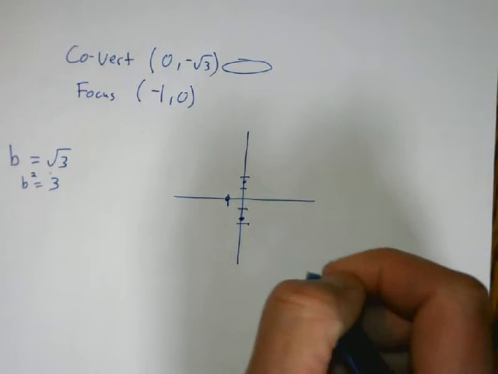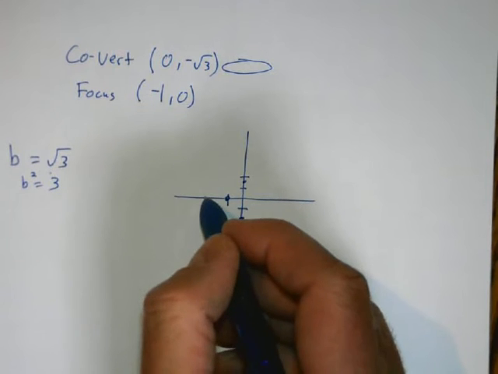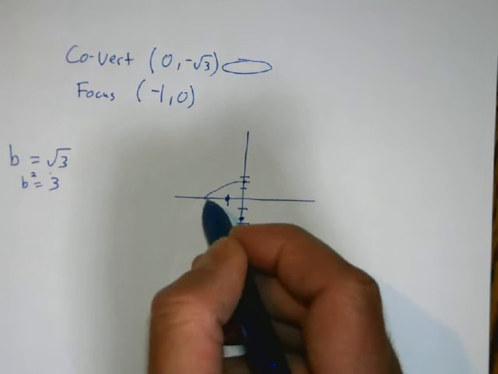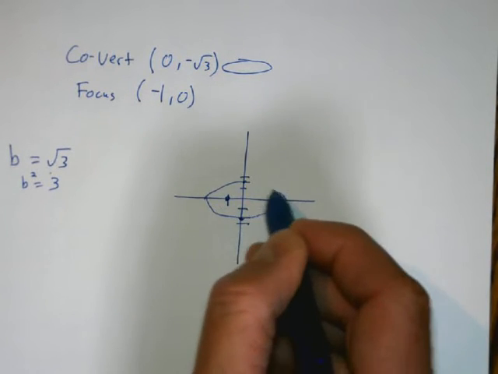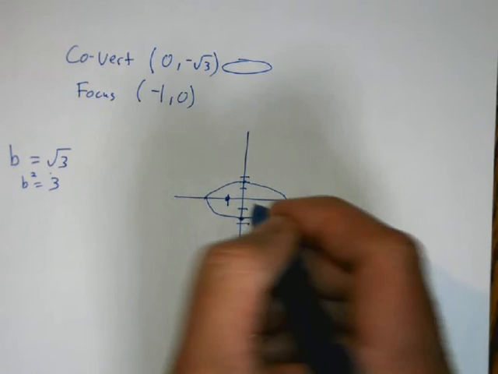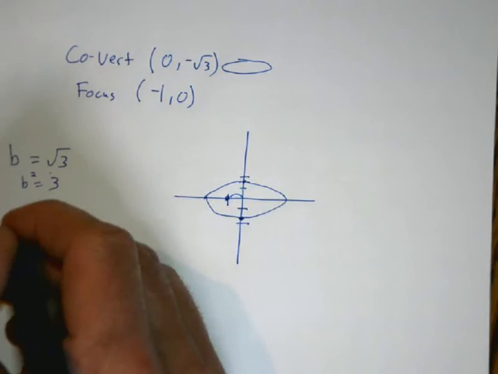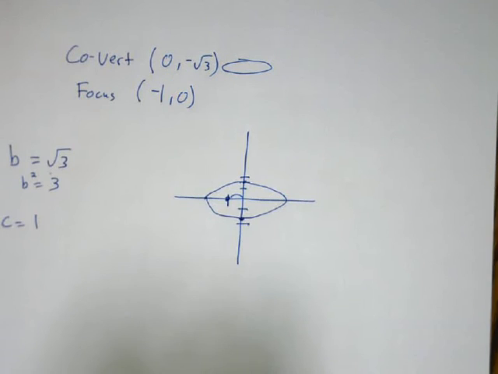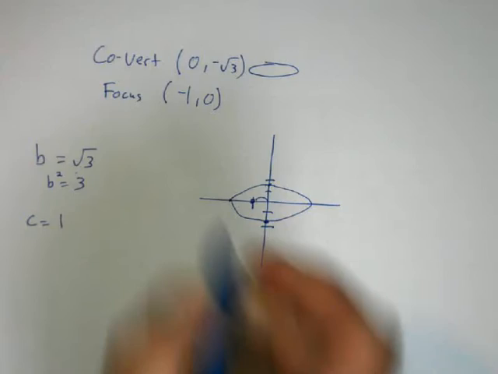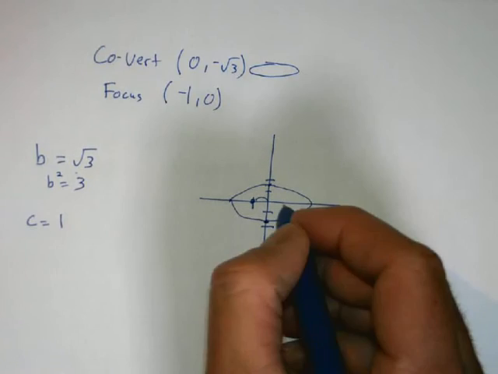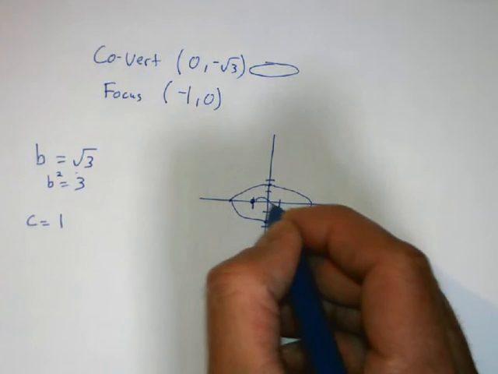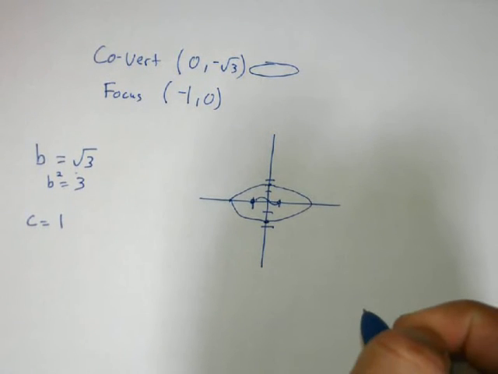Your focus is at negative 1. Remember the vertex always opens up to your focus, so it has to be stretched this way. That means the c value is 1. I'm disregarding the negative here because of distance; it's either 1 here or 1 there. It's still the same value.